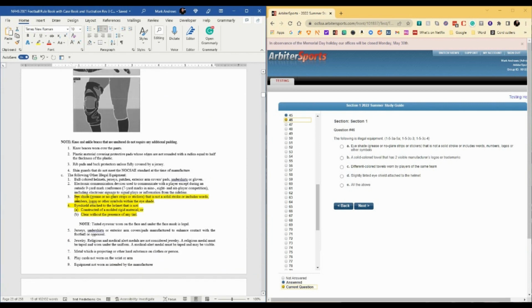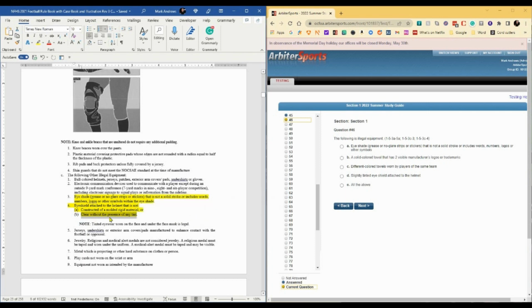Down here, eye shade, again, we've talked about this. This is straight out of the rule. Look, that is illegal equipment. And also an eye shield attached to the helmet that is not clear without the presence of any tint.